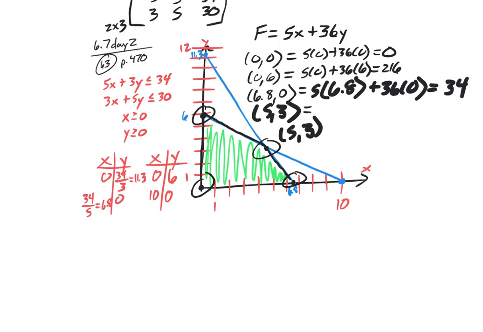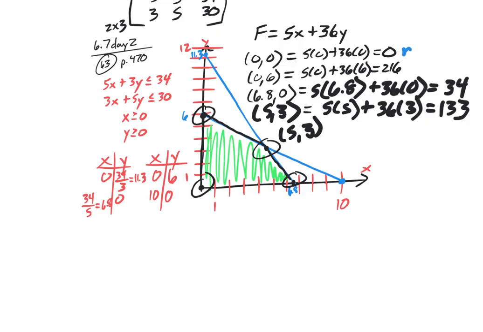And this one, we would go 5 times 5 plus 36 times 3. 108 plus 25, so that would be 133.